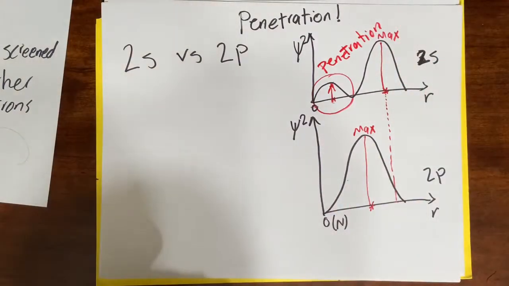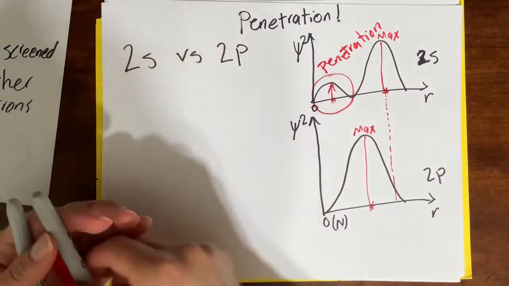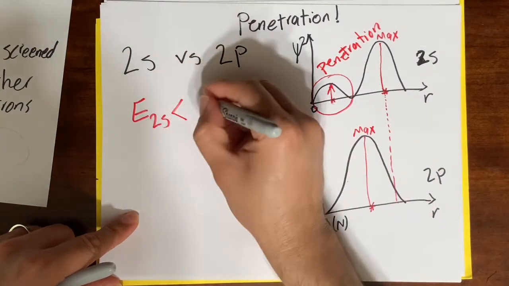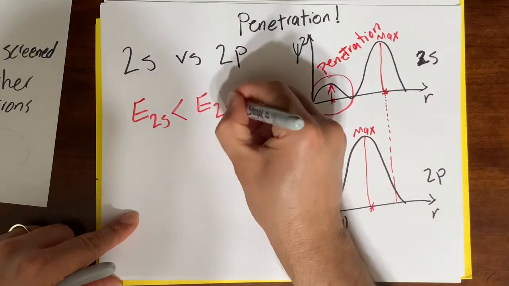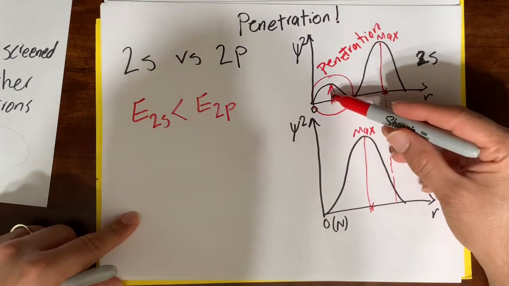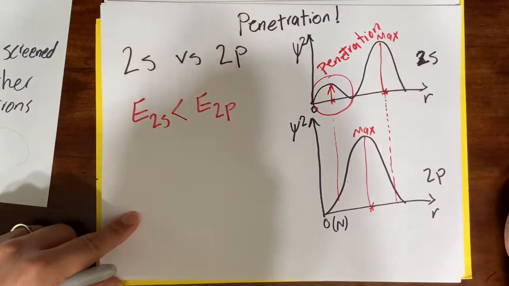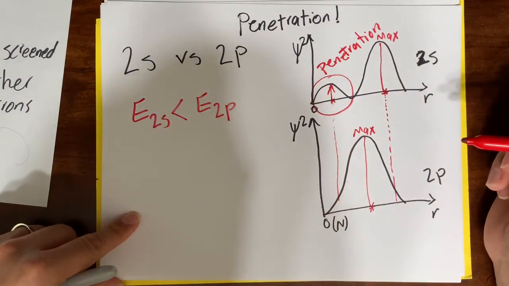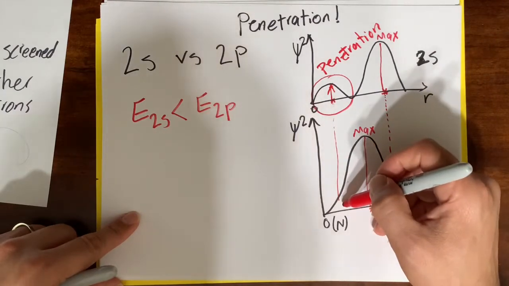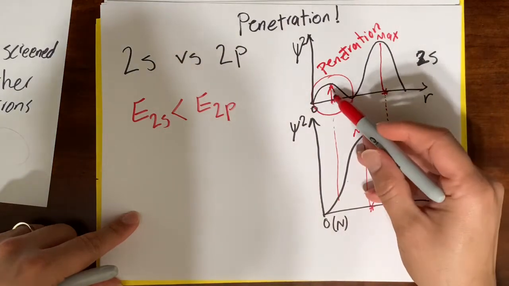So the 2s orbital will be lower in energy than the 2p orbital because of this tiny bump. We don't have it when it comes to the 2p orbital. We just barely started going up, we started getting a chance to actually find the electron.